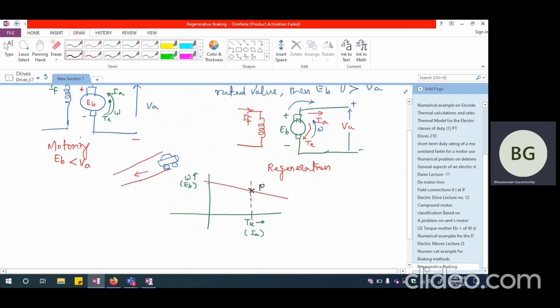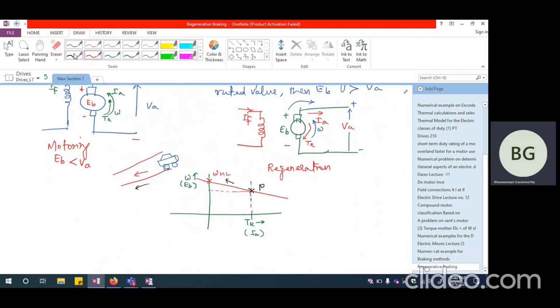Now, if the vehicle is moving down the gradient, then the speed is going to increase further and further. When the speed becomes greater than the nominal speed, this is the nominal speed at which it was originally operating. This is the no load speed.